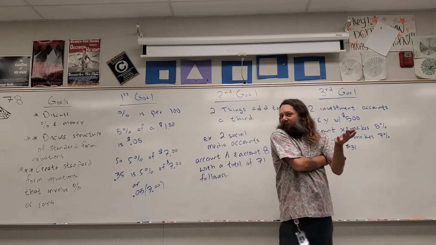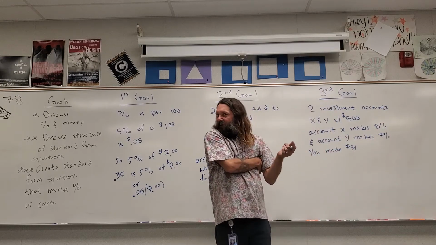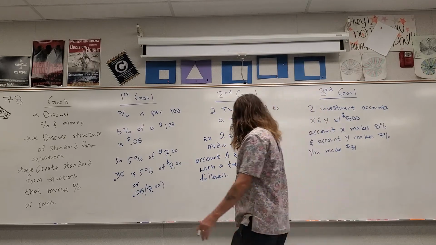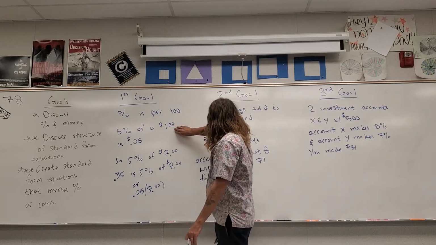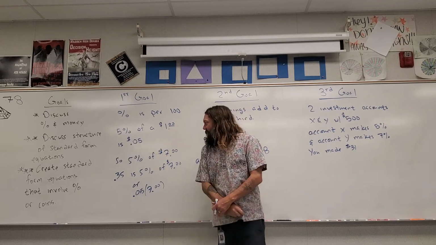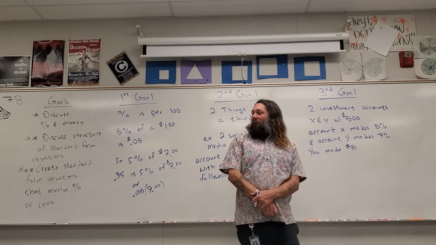It doesn't sound like much if you have $10, but if you're investing $100,000, now we're talking about a profit of 5,000. So this is small in small amounts, but if this is a lot of dollars, then this becomes significant, right? Like 5% of $1 million would be 50,000 bucks.